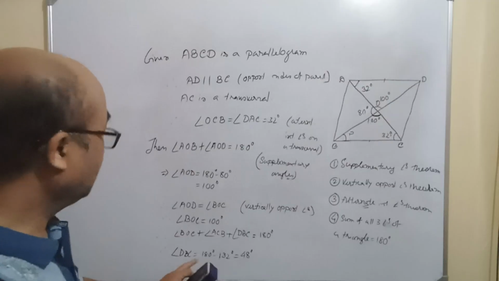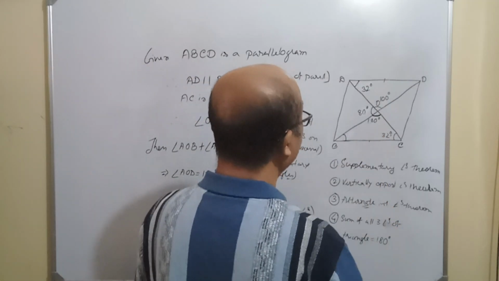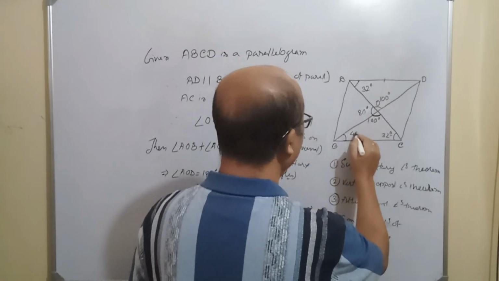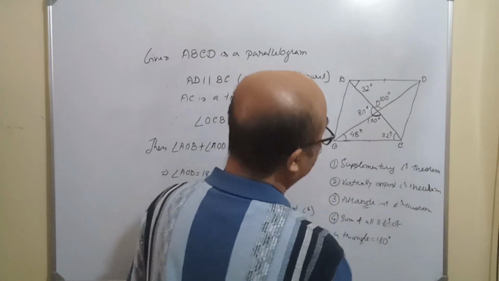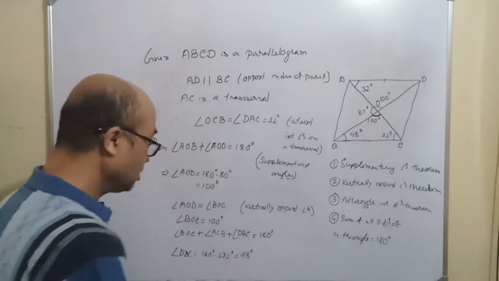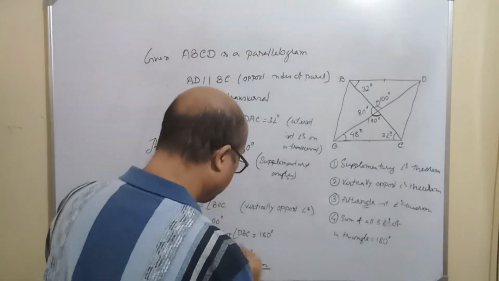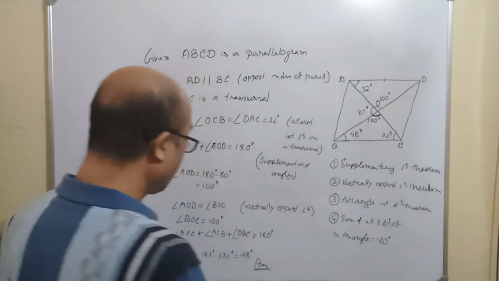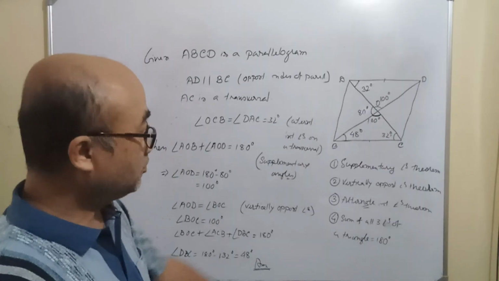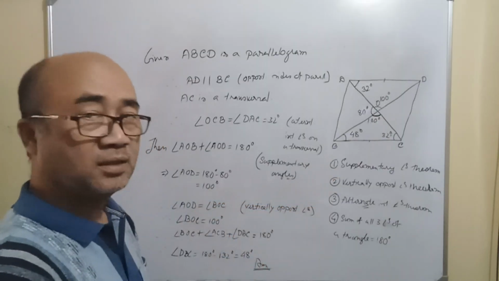So DBC is equal to 48 degrees, and that is our solution. So we take the help of these theorems to arrive at the solution.